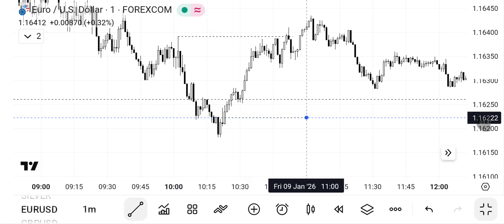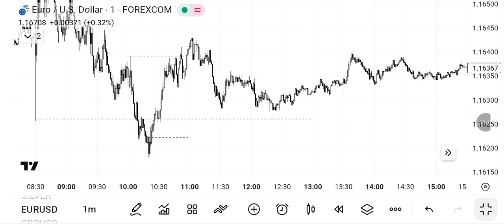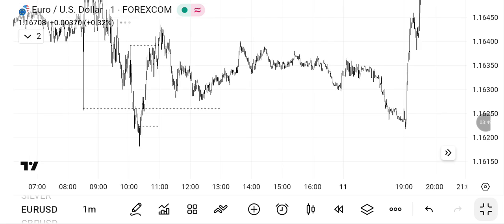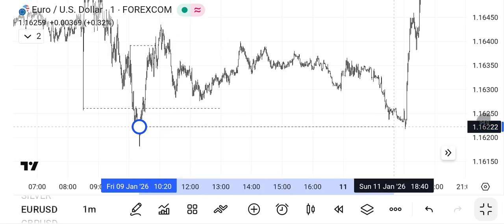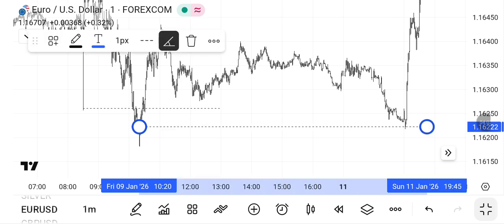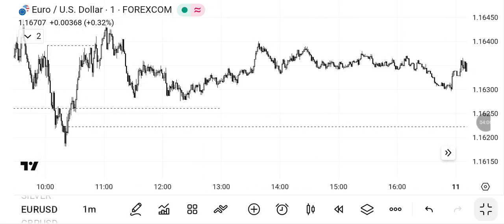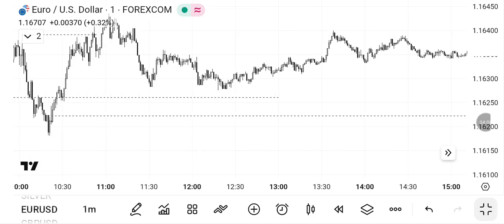Because if you only take this lower one, as they suggest, the definition of an order block is that last candle before the impulsive move happens, right? If you have considered that, most of the times it works, and most of the times it doesn't work.